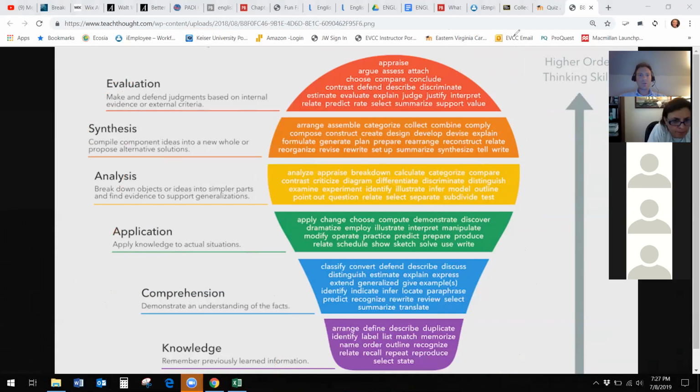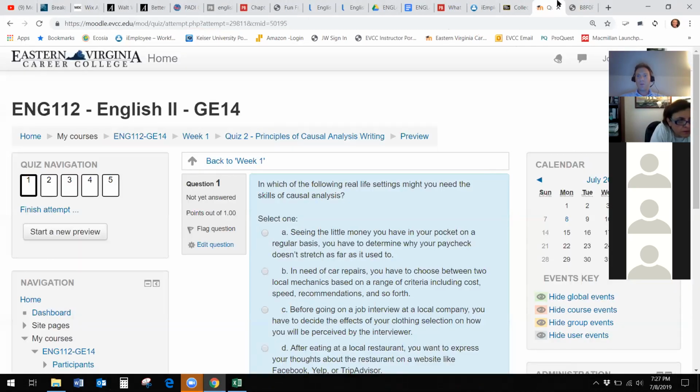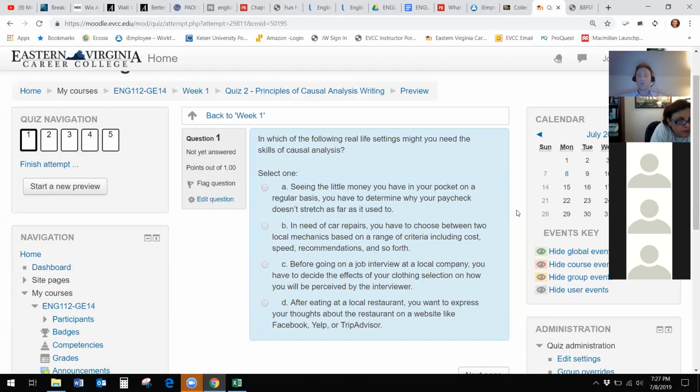So let's look at quiz number 2, and let's see how you guys did with this. This is on causal analysis. Causal analysis kind of lives in this 5th and 4th realm. Basically, the goal is to try to figure out why something is happening. Now, there's many reasons why somebody might want to figure that out.